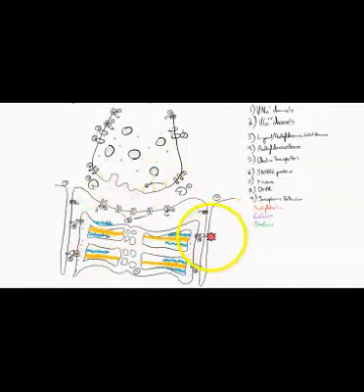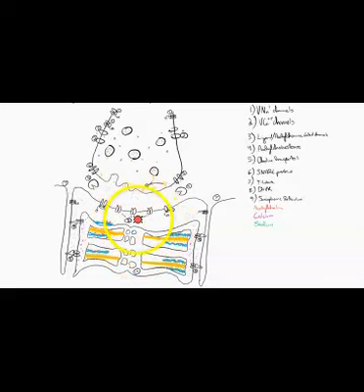Returning back to this picture, for relaxation, the calcium needs to leave the interior of the cell, and there are these things called SERCA pumps on the surface of your sarcoplasmic reticulum, which will pump the calcium out of the interior of the cell into the sarcoplasmic reticulum.